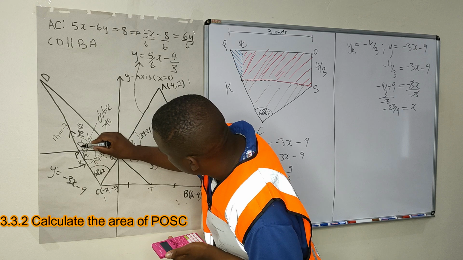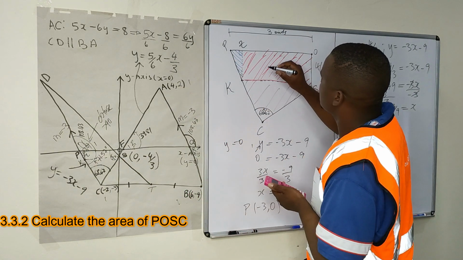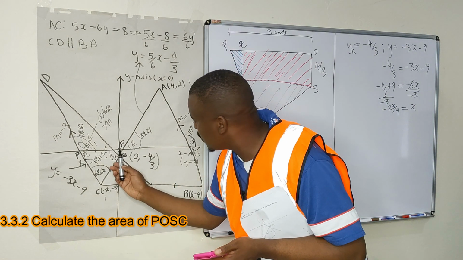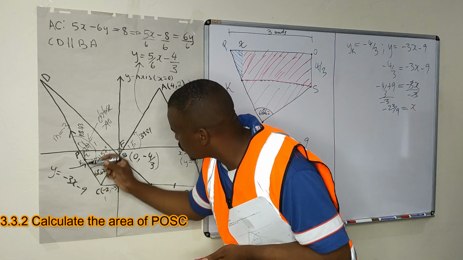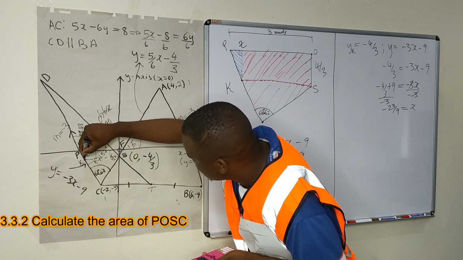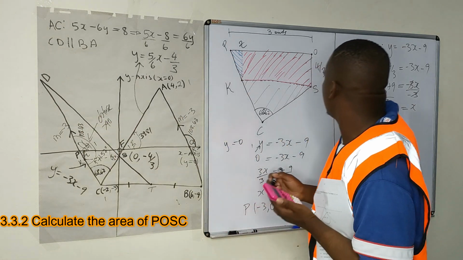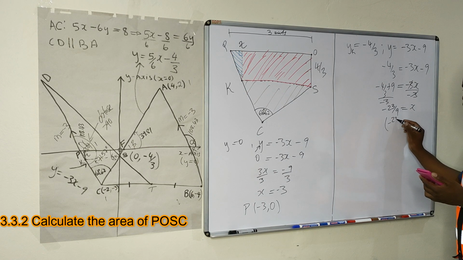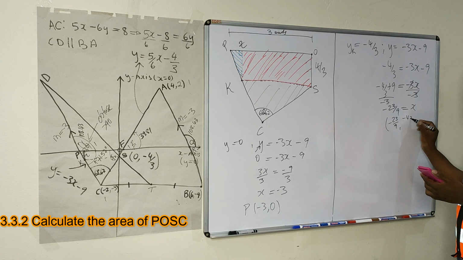So this point here, -23/9. Which means from this point here to that point there, to this x value here, which has this y value, is -23/9. So the coordinates are -23/9 and -4/3.